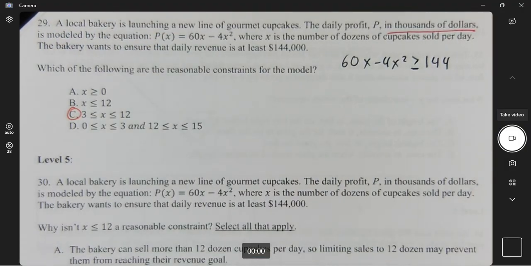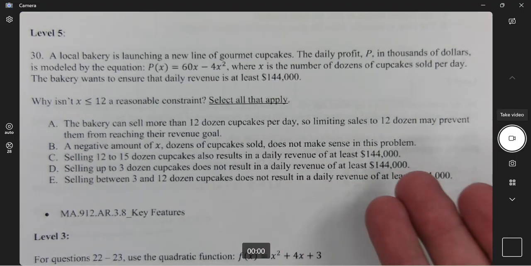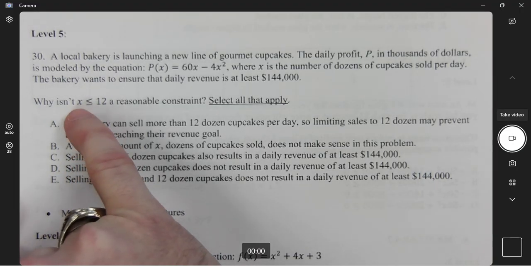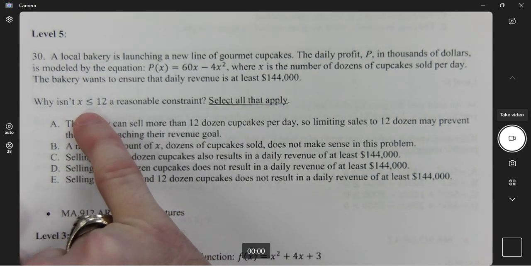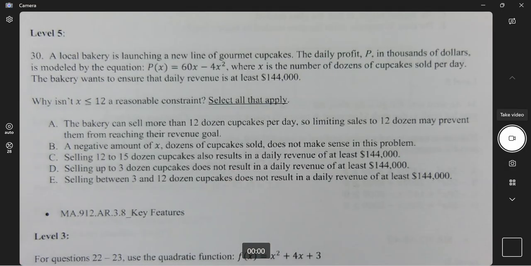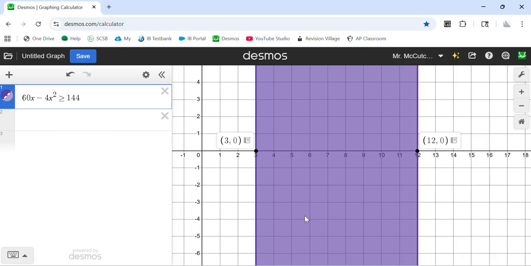Thank you, Desmos. Now I didn't clear Desmos of that equation because this question is using the exact same thing. What it wants to know is, why can't we just say that x is less than or equal to 12 and select all of these that are truths? For one, you can't have a negative number of cupcakes.